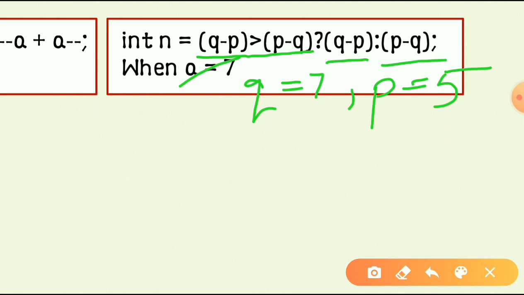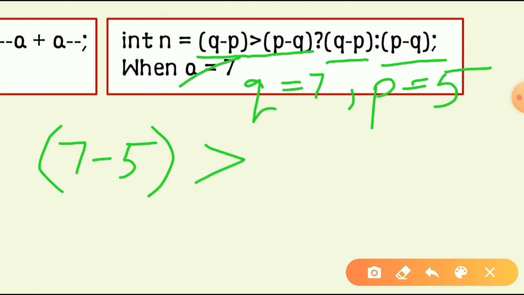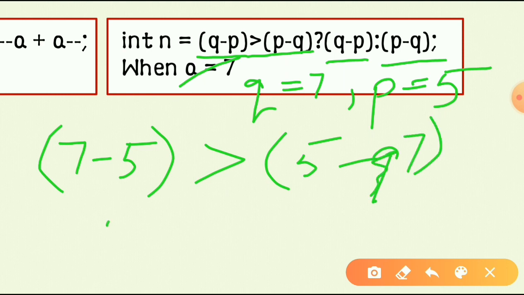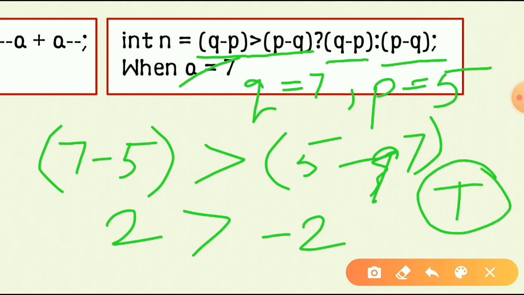So q minus p means 7 minus 5, which is greater than p minus q, meaning 5 minus 7. 7 minus 5, 2, is greater than 5 minus 7, that is minus 2. So the condition is obviously a true one. So when your condition is true, we are going to use the first expression.